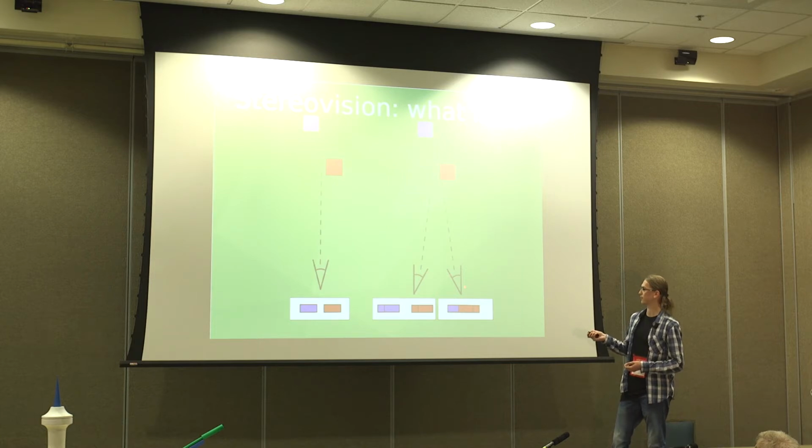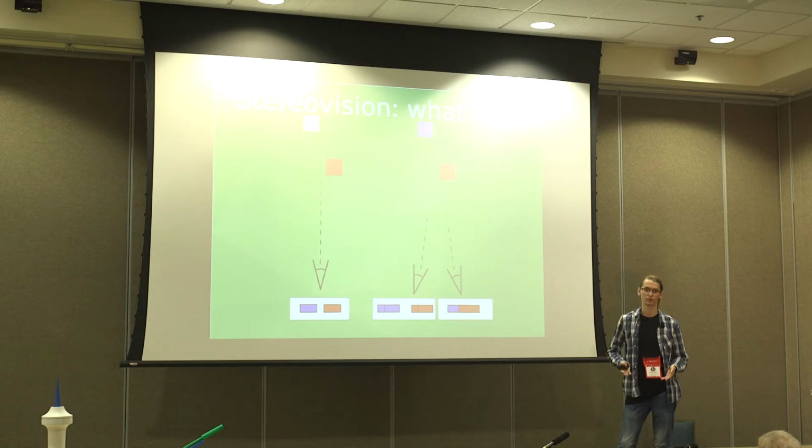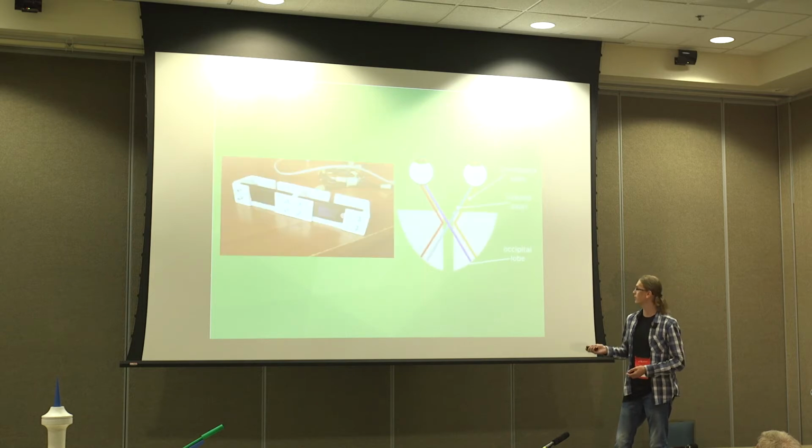But when you have two points of view, you can compute some information from these two images, which is very useful, for example, in autonomous vehicles, but also could be very useful in remote operations.